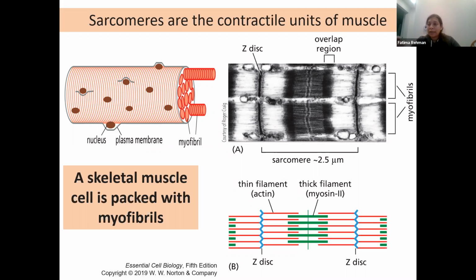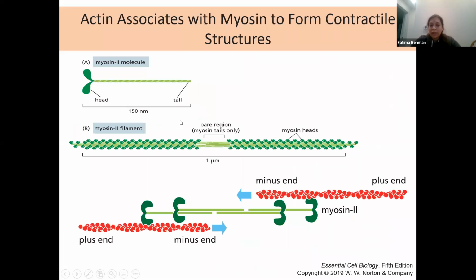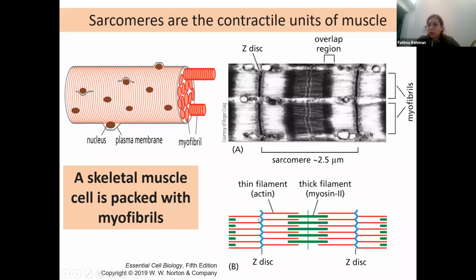It's the same idea. It's basically a muscle cell that's packed with these myofibrils that are composed of these actin and the myosins together. If you were to look at a cross section of it, you will see two large myofibrils lined up next to each other with overlapping region in the center where you see those myosin filaments sliding against each other.